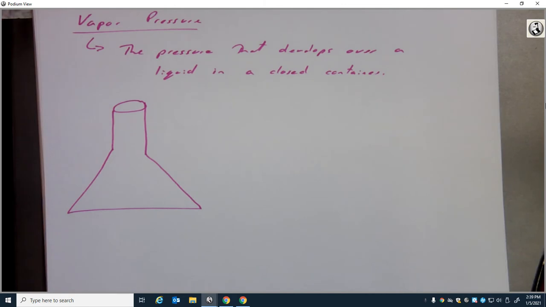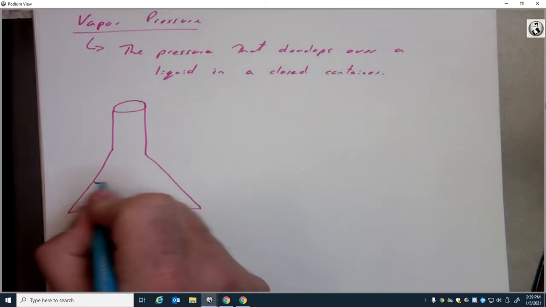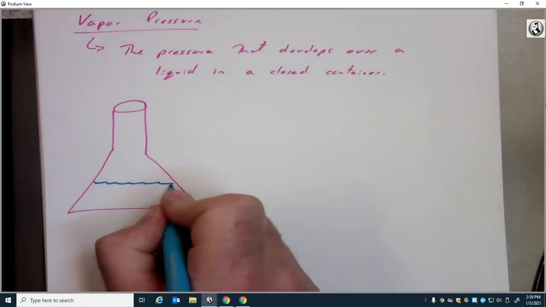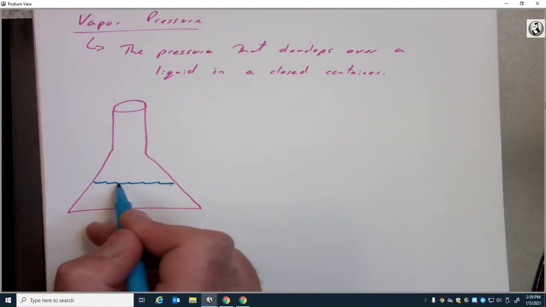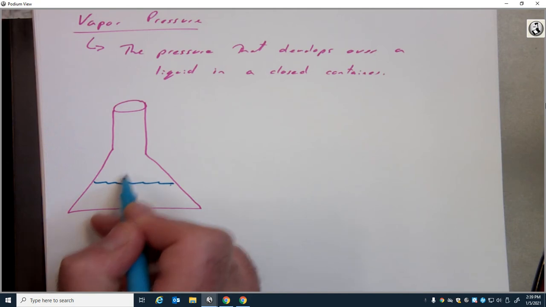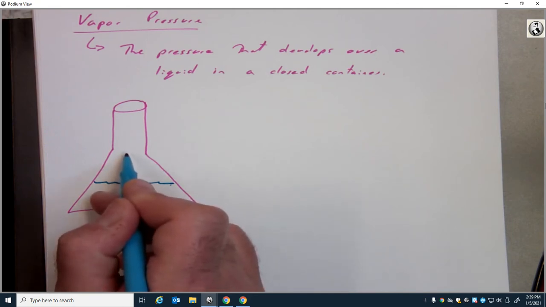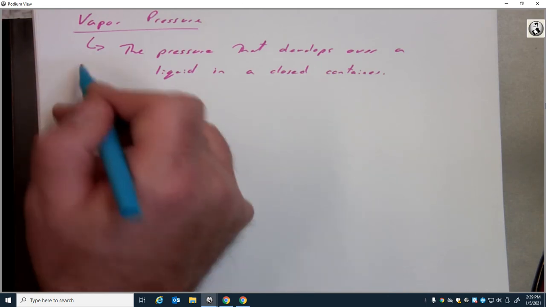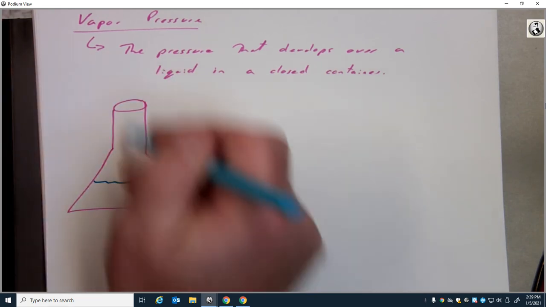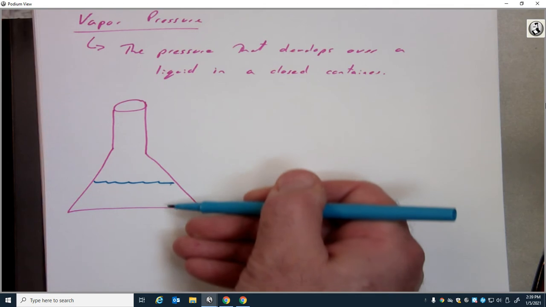It doesn't have to be water, it can be anything. And if we set this on the back counter, it'll start to evaporate. Right? So particles from the surface will break away from the surface and become a gas particle. The gas particle vibrates, rotates, and translates, and it actually translates out of the container, and that's evaporation, and then this will slowly go down.